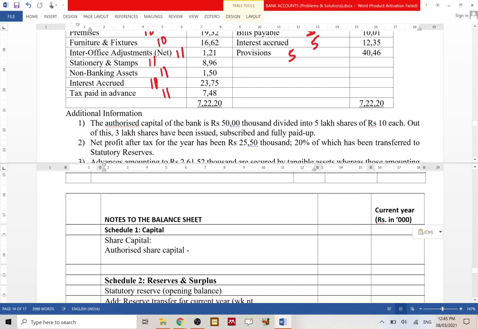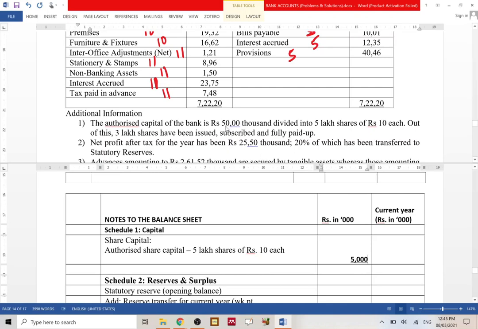Now authorized capital, so like it says 5 lakh shares of rupees 10 each. Since all of these amounts are in thousands, as given in the problem, 5,000.